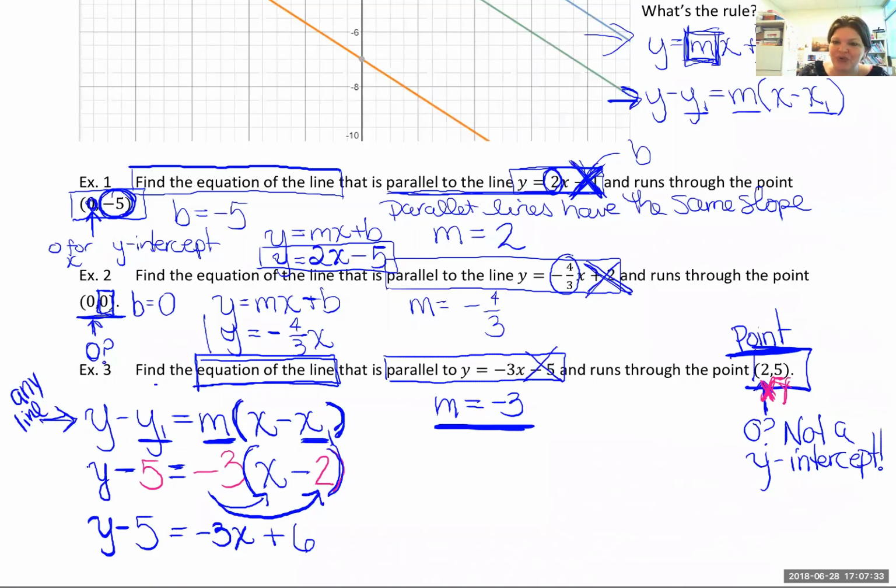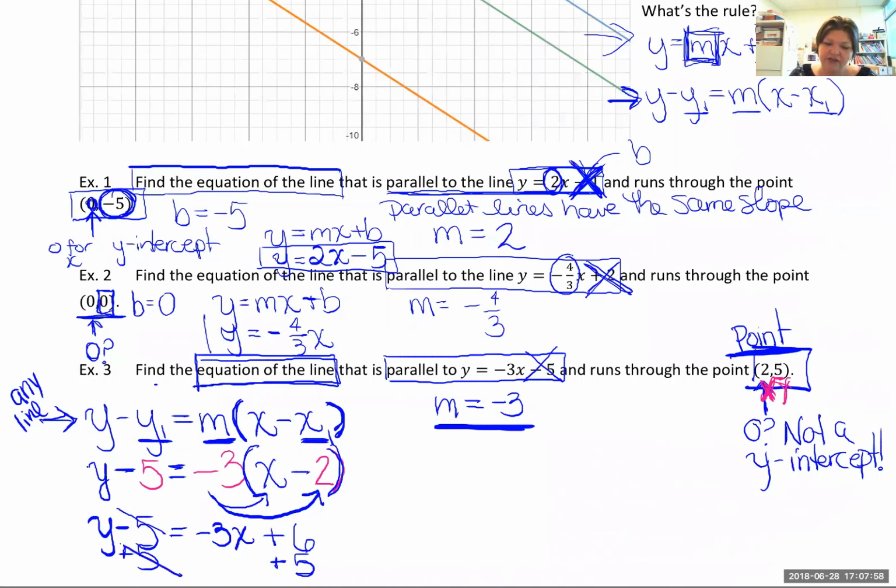Y is always alone in the slope-intercept form of equation. So I'm going to do the opposite here of subtracting 5 so that I can get rid of this 5 that's hanging out with y. I'm going to add 5. And the rule of solving is I can do whatever I want as long as I do it to both sides of my equation or inequality. So I'm going to add 5 over there as well. And I wish I had left myself a little more space so you guys could see me going right underneath.